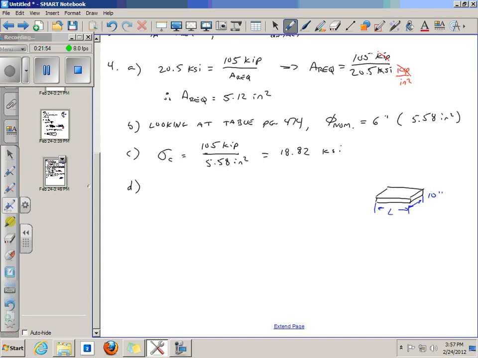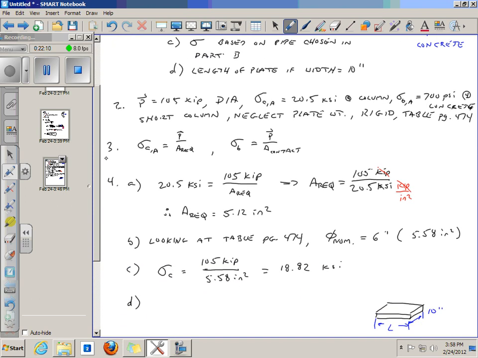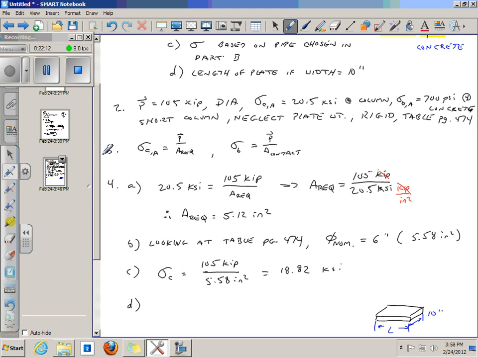Now, that plate, we've got the amount of force P on the column transferring, if we neglect the weight of the column, which we did, right? Neglecting the plate weight and the column weight.